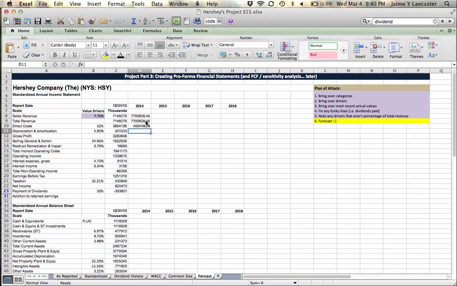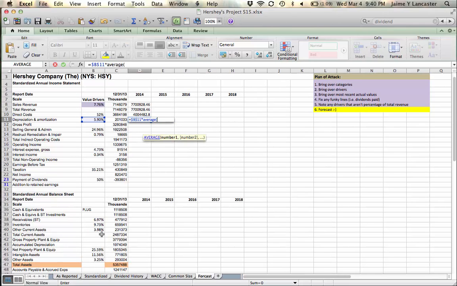It's what it costs them to make their product. Then we're going to take a look at depreciation and amortization, which we're forecasting to be just under 6% of average plant, property, and equipment at cost, gross plant, property, and equipment. And here, I want it to be the average of what we started the year with and what we ended the year with.